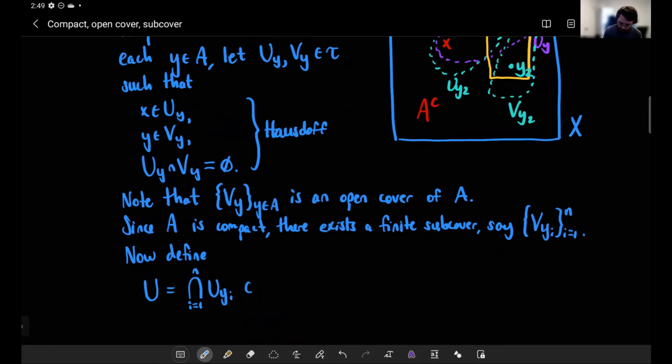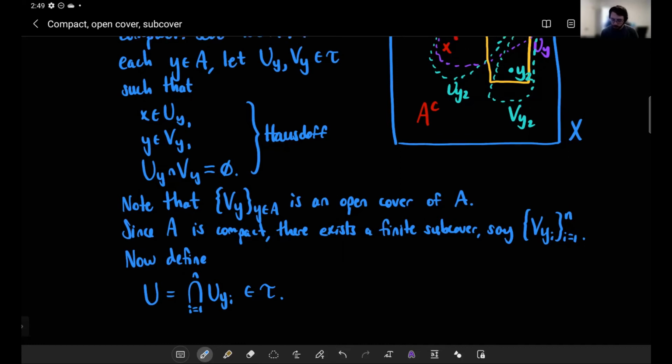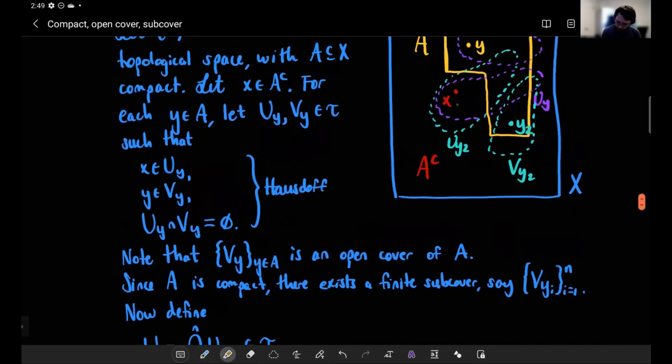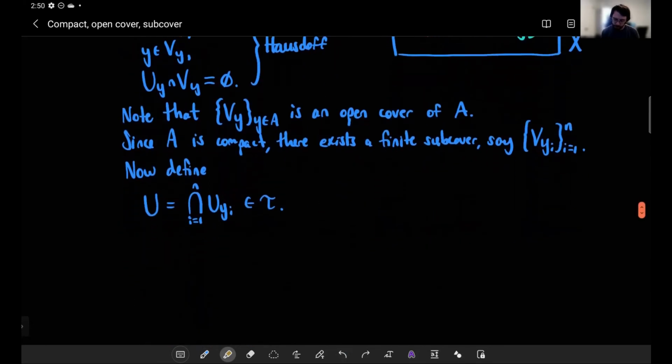And that'll still be an open set. So this set U, which I've defined as a finite intersection, is in my topology. It's an open set. And the hope is that it'll be some small set totally disjoint from A, fully contained in A's complement.